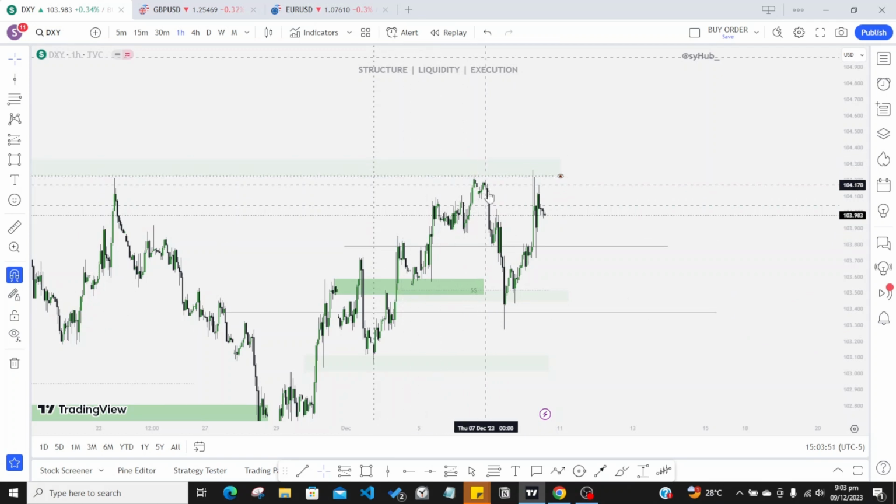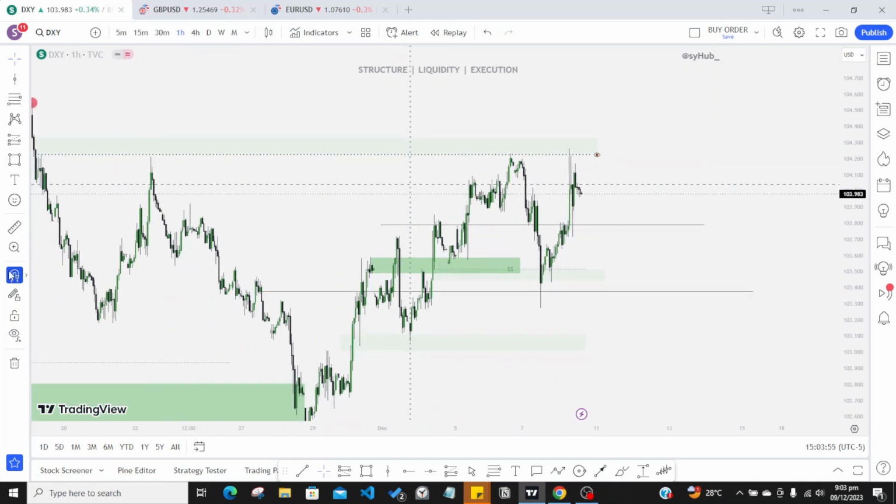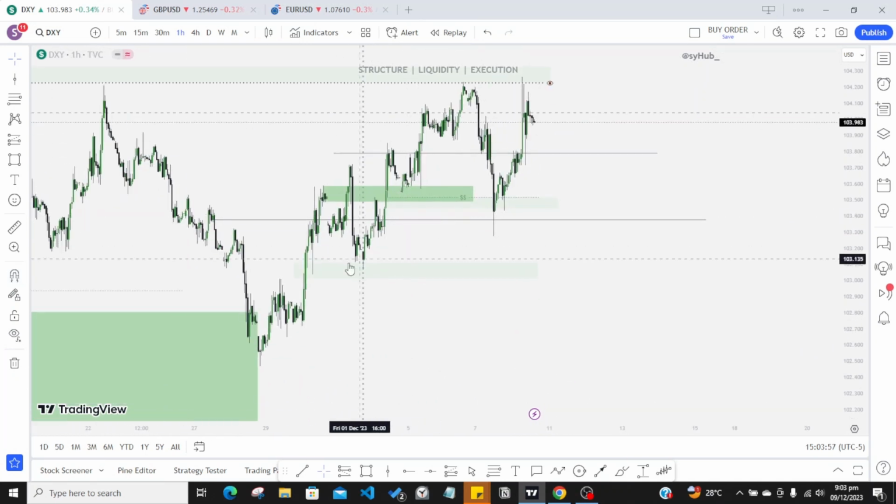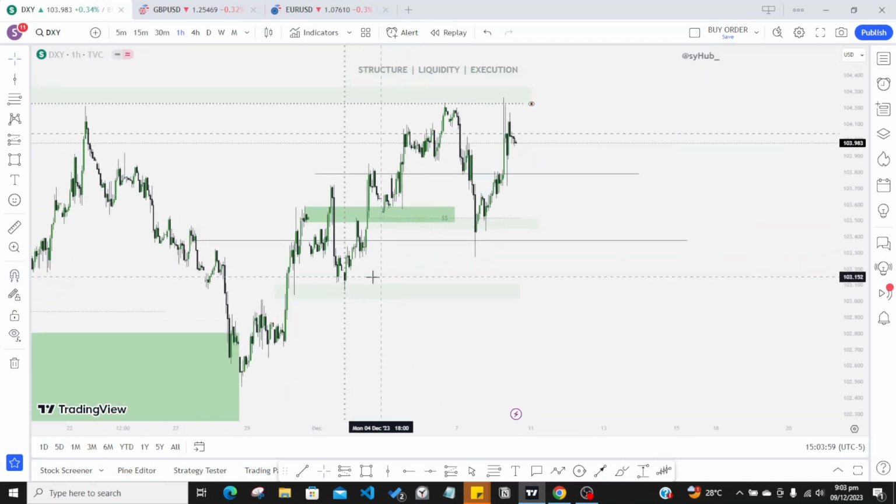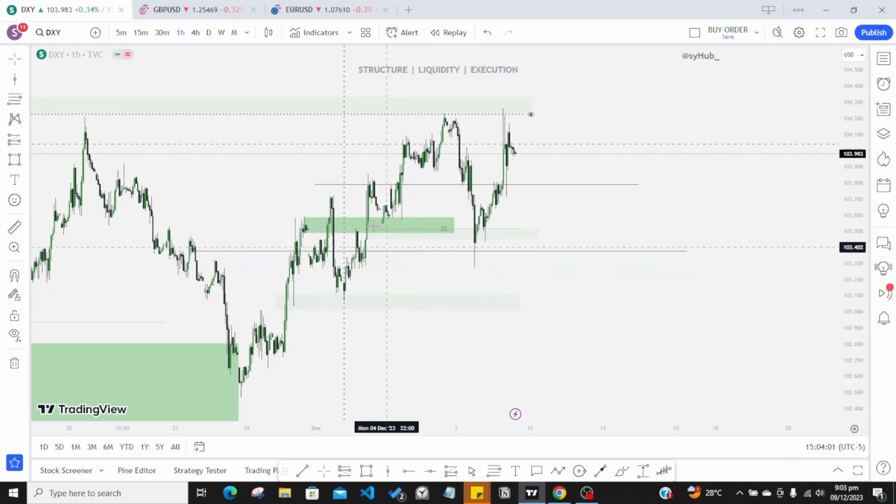Price fulfilled it, went up there, and we've seen rejection from there. So yeah, Monday started with bullishness. We've seen price breaking structure still on the lower time frame. We've seen higher highs heading into this week. This is my target here.